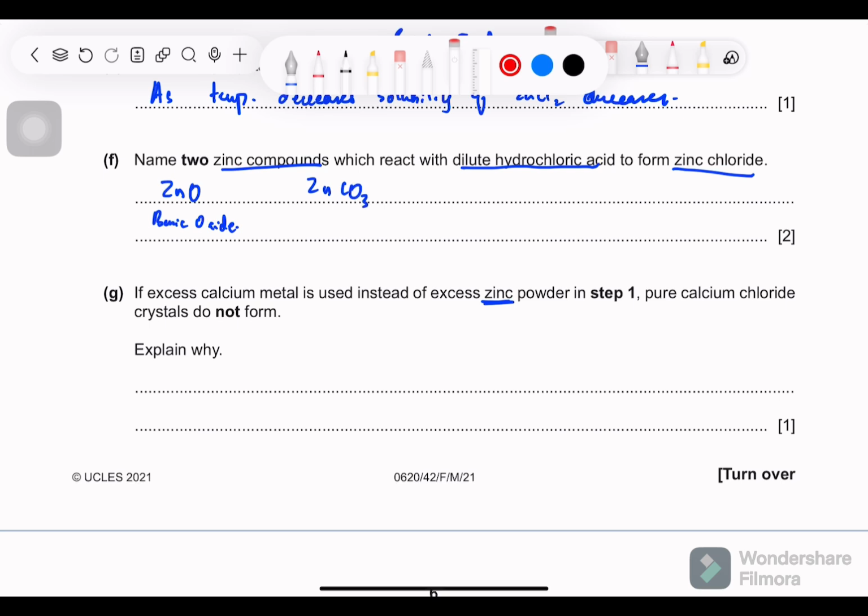As for calcium, it also reacts with the HCl and the water. When it reacts with water, what is formed? Calcium hydroxide or oxide. So this is why it's not correct. The reason is that calcium will react with water.